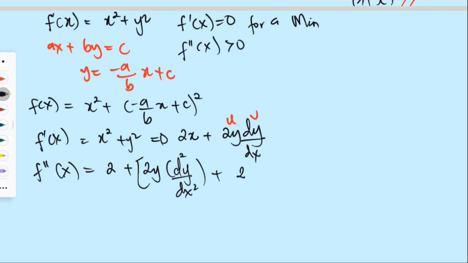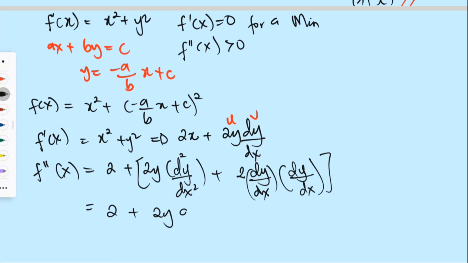D of u with respect to x is 2 dy by dx, times v. Perfect. Simplifying this all together, 2 plus 2y d squared y by dx squared plus 2 dy by dx, all of this squared.